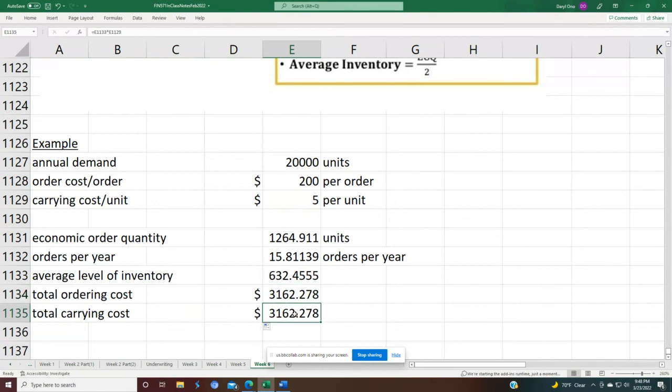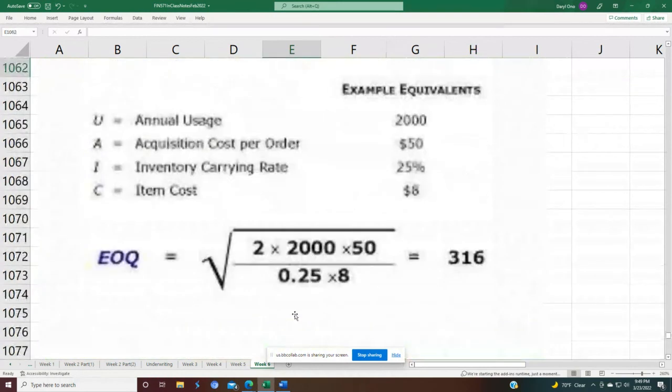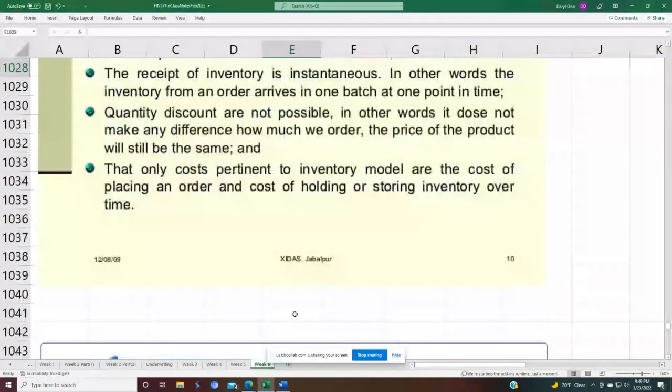Does that make you nervous? No, right? Because remember, where do we want to be on the chart?